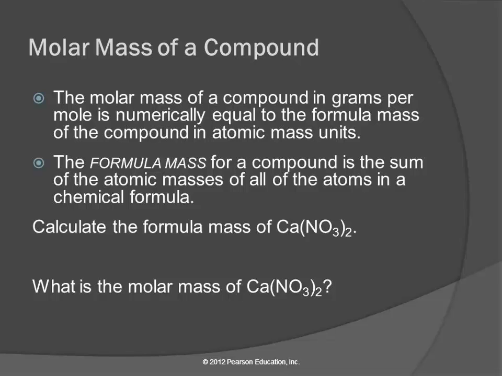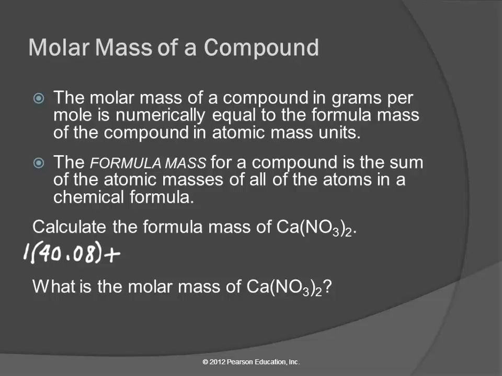So let's do a couple of these. Formula mass for calcium nitrate. So what we're going to do is find out how much 1 mole of calcium weighs. We look on the periodic table. It's 40.08. So we've got 1, because there's 1 calcium atom, or 1 mole of calcium atoms, 40.08. And we're just going to add them up.